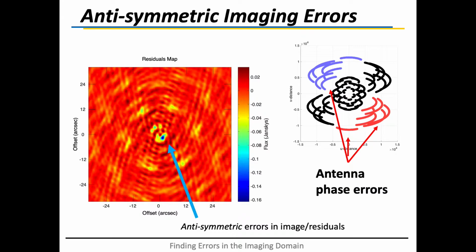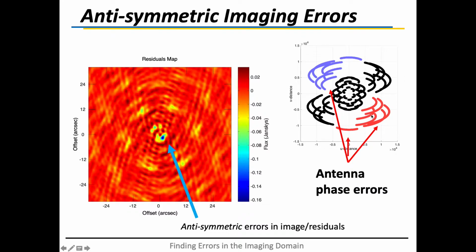Anytime you have a phase error on one side of the UV plane, because each baseline measures a complex visibility that arrives on both sides of the UV plane, because the image of the sky should be real only, the UV plane is Hermitian.